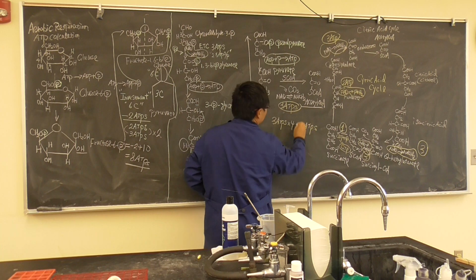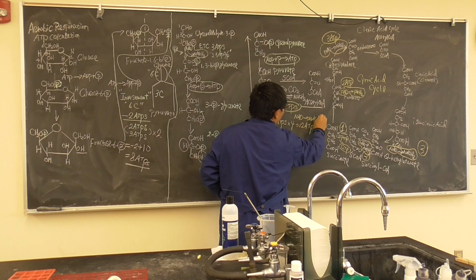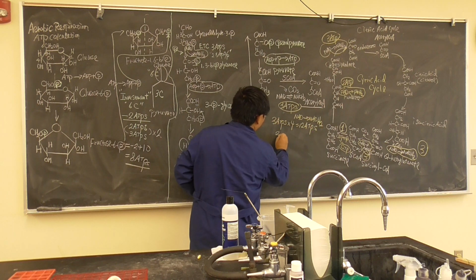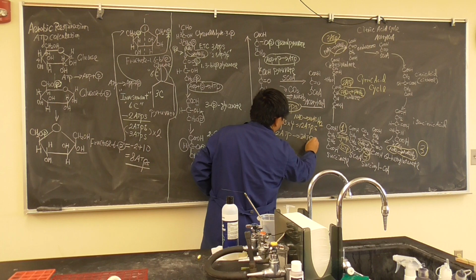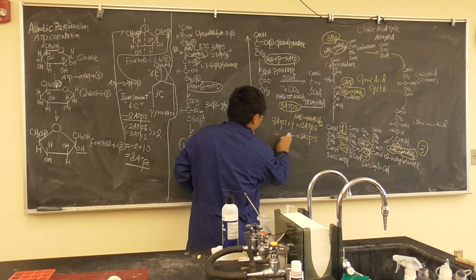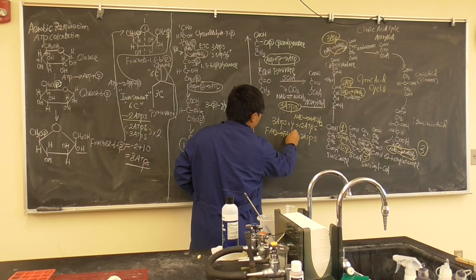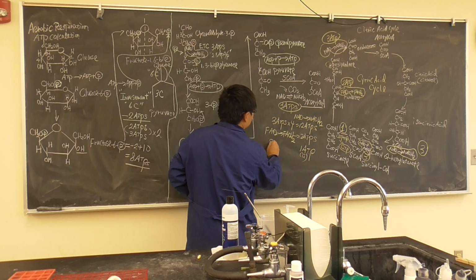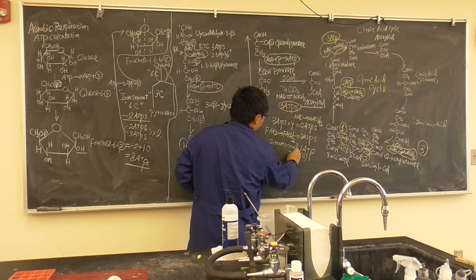This comes out as NAD reduced to NADH2. Okay, now then you have 2 ATP right here, which comes from FAD reduced to FADH2. And do not forget there's 1 ATP that is actually the GTP, which is substrate level phosphorylation.